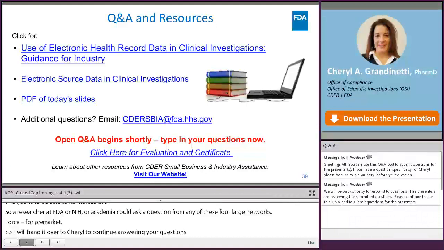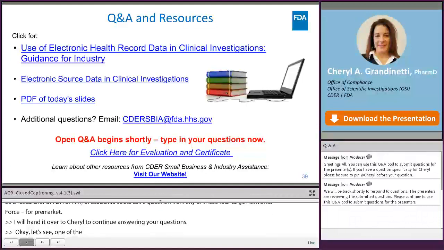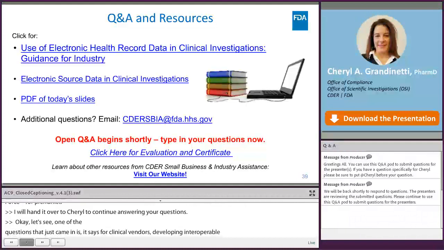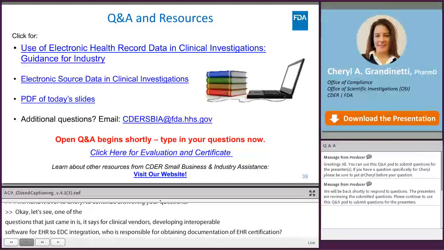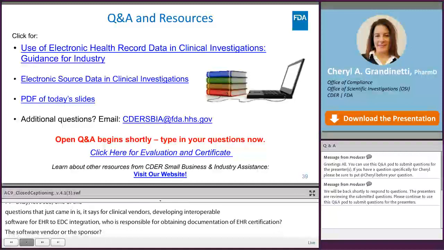Okay, let's see. One of the questions that just came in is, for clinical vendors developing interoperable software for EHR to EDC integration, who is responsible for obtaining documentation of EHR certification, the software vendor or the sponsor? Well, I think that the sponsor is responsible for retaining that documentation.